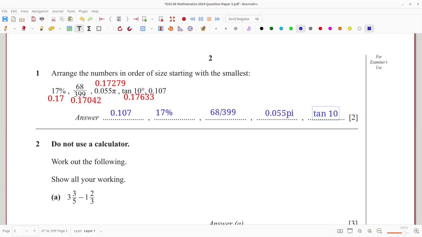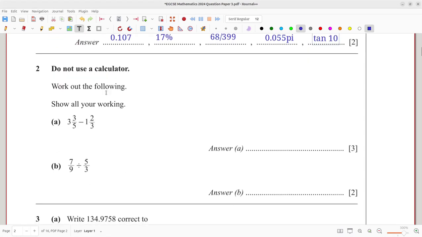Next question, do not use a calculator. Work out the following. Show all working. When you are dealing with mixed numbers, you are first required to convert them to improper fractions. So converting 3 and 3 over 5 to an improper fraction, you multiply 5 by 3, and then add the numerator, that's 3.